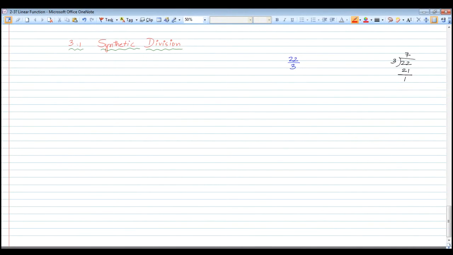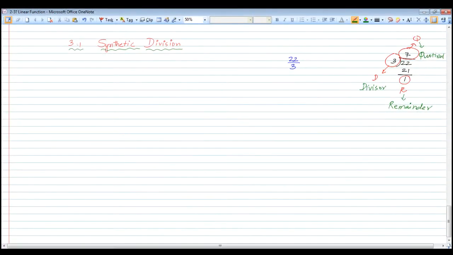So this we call the quotient Q, and this is my divisor D, and this is my remainder R. So this is the divisor, and this one the remainder, and this one is the quotient.